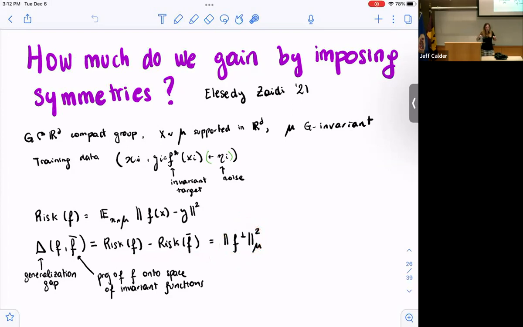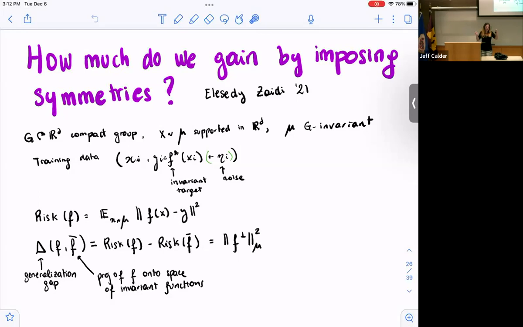In cases where you don't have that, you can do some symmetrization in order to compute how much you gain by imposing this symmetry. You always gain something just by assuming that your target is invariant. If you project to the space of invariant functions, you're going to be closer to the target.